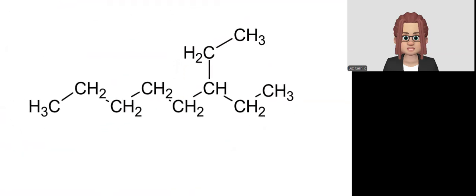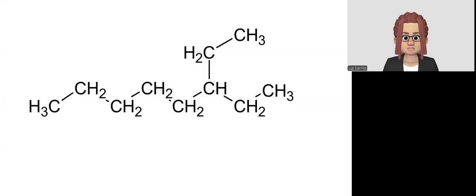Here I have a condensed structure for an alkane. As I explore this molecule, I can detect that the longest carbon chain can extend from this side of the molecule or from this side of the molecule.